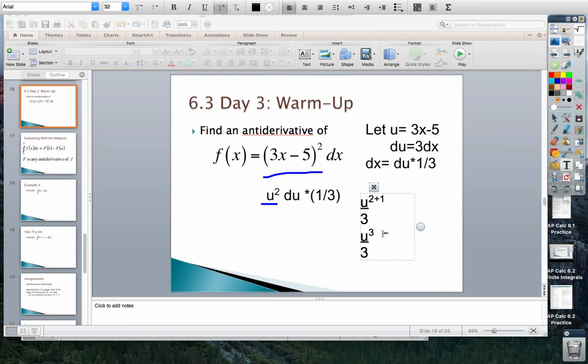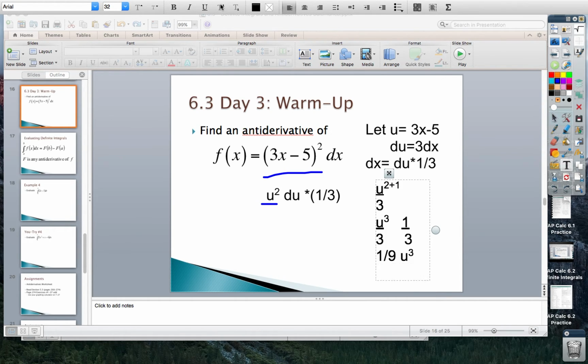So we're going to be left with another 1/3. And if we simplify this further, we're going to be left with 1/9 u cubed.